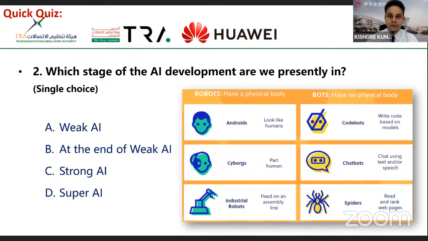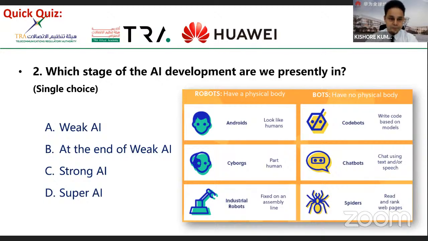These are basically software. So you can chat with it and you don't even know whether it's human or machine, right? Code bots can help you write different computer code. Spiders can help us crawl different web resources. And you can see Android cyborgs or industrial robots, they come with different physical devices.